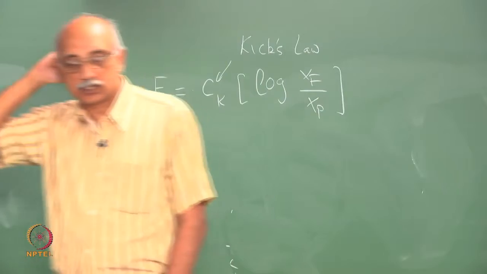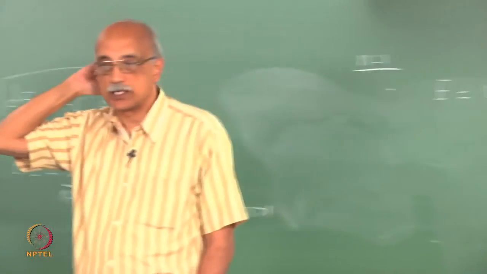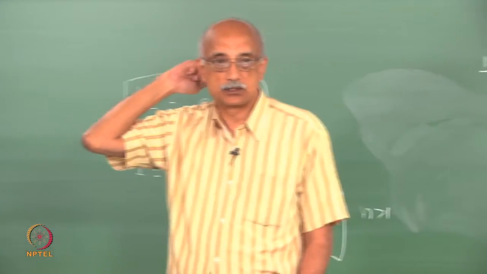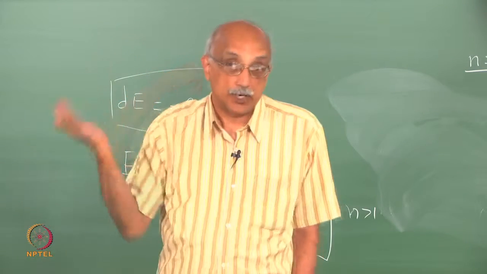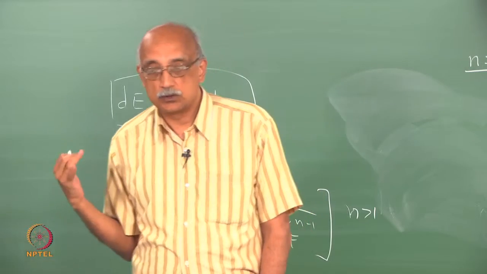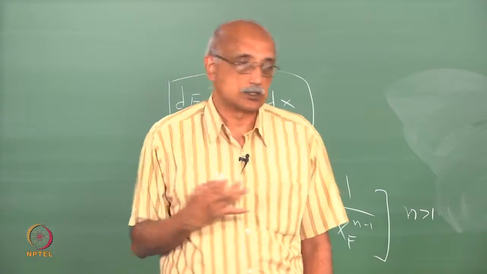So, Kick's Law says that the energy required to do size reduction goes as the logarithm of the sizes. An empirical law, as I said, there is really no good theoretical basis to any of these laws.